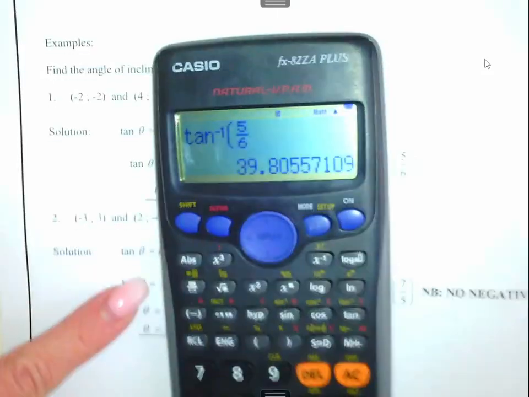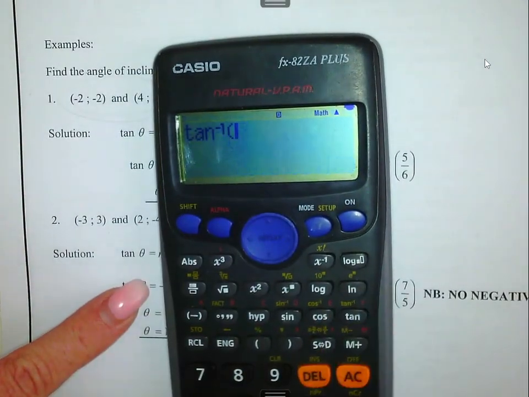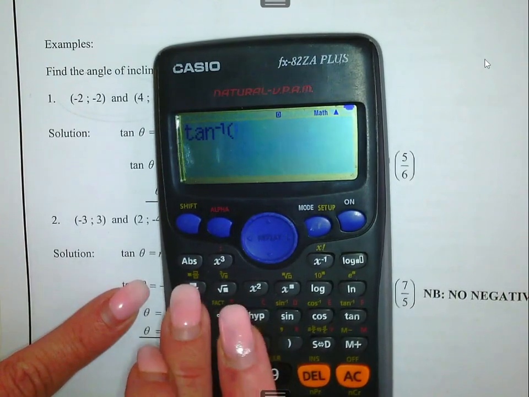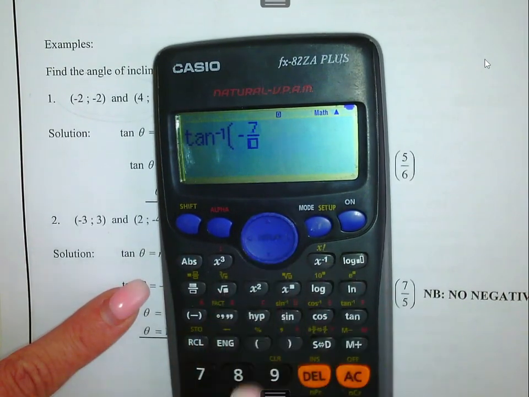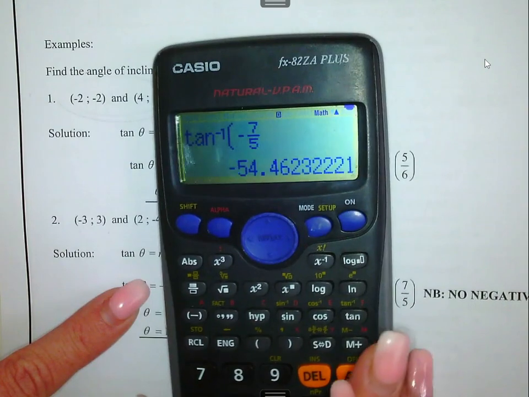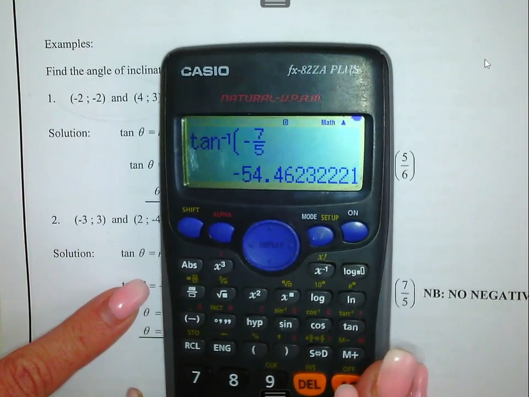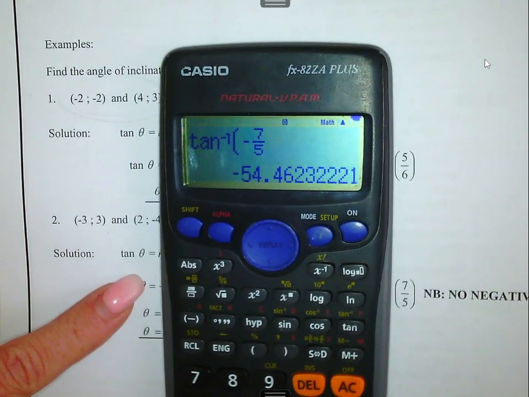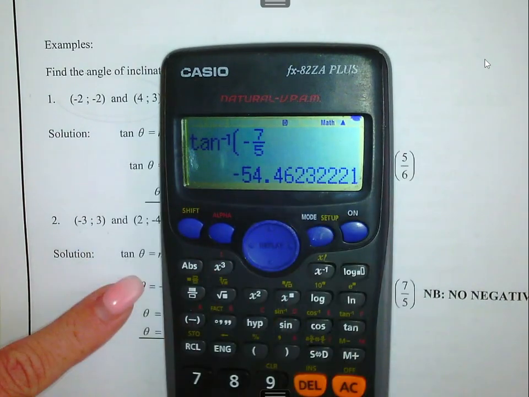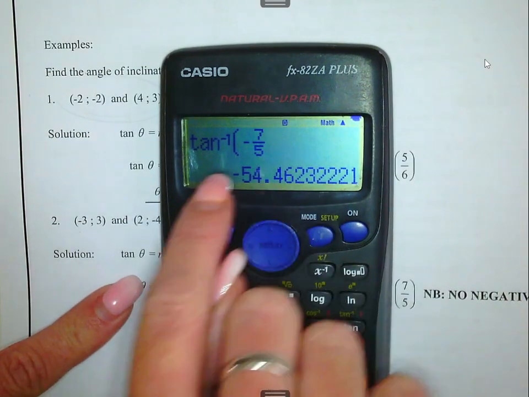Now if you use your calculator and you type in shift tan of -7/5, you get an answer of -54. Now the reason for that is because, do you remember, the tan of a negative angle is the negative of the tan of the angle. So your calculator is always going to throw it as a negative.